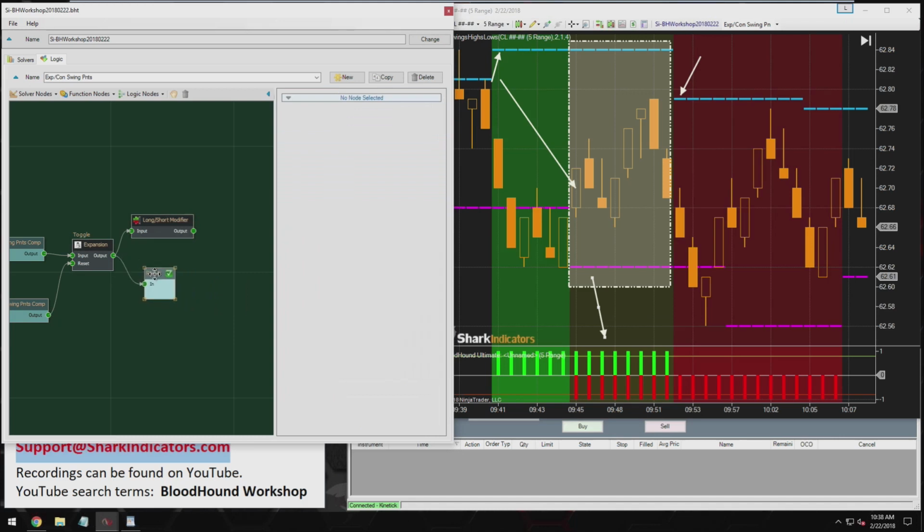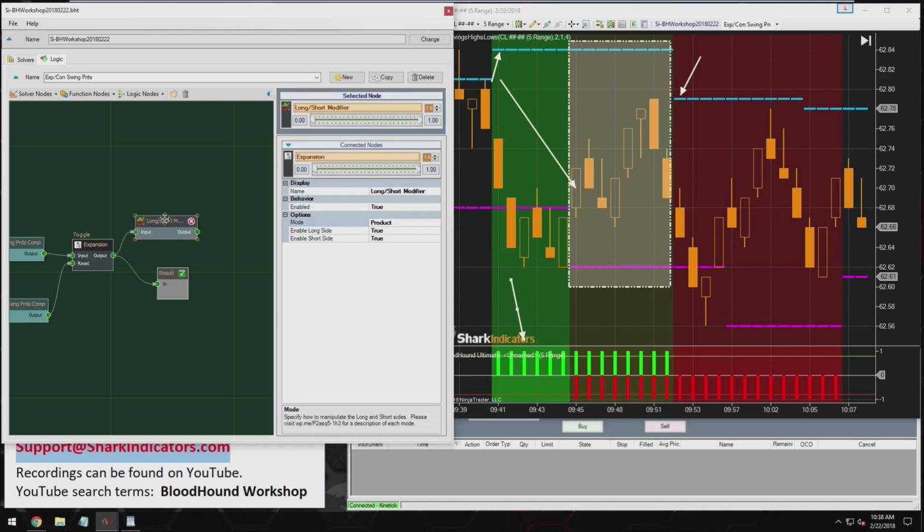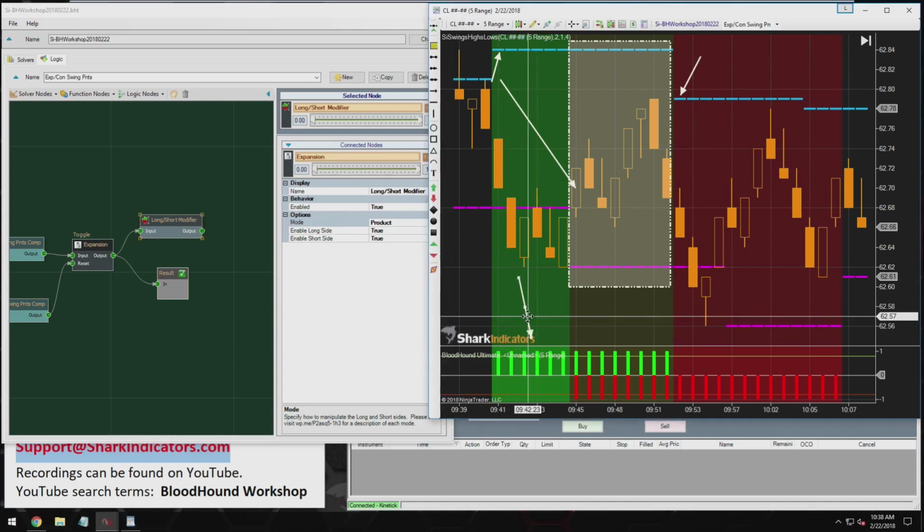Well, let's take a look at the toggle node again. What the long-short modifier is doing with product mode is taking the long output, which has a value of 1, and multiplying it by the short output, which has a value of 0. Anything times 0 is always 0.